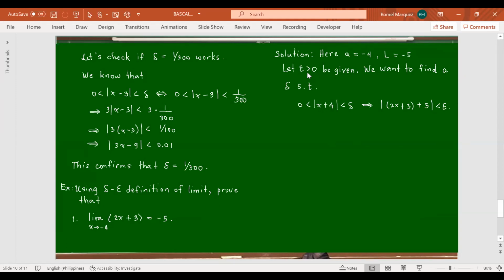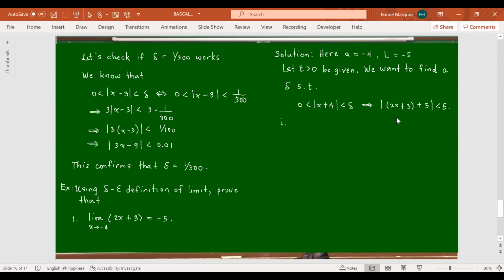Again, given that epsilon is greater than 0, we seek a value of delta such that this statement is true. So the first step is to find the delta. We are going to do it backward. We start here and try to put this in this form so that you will know what delta is.